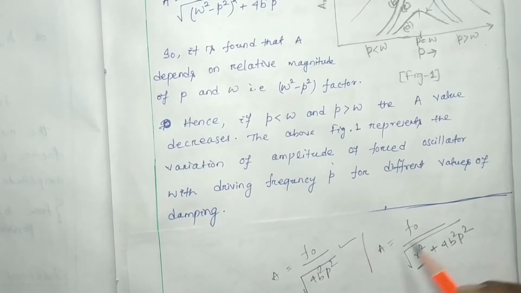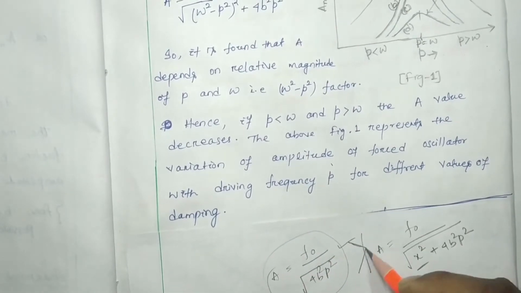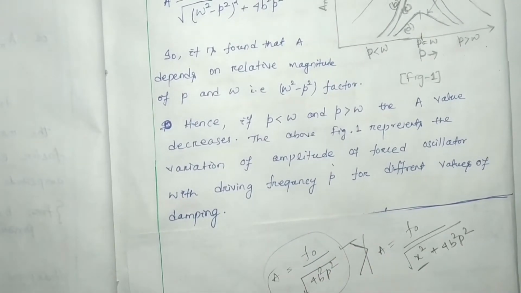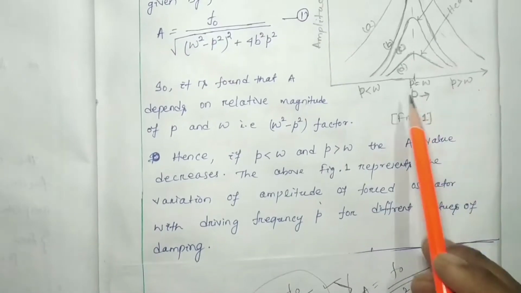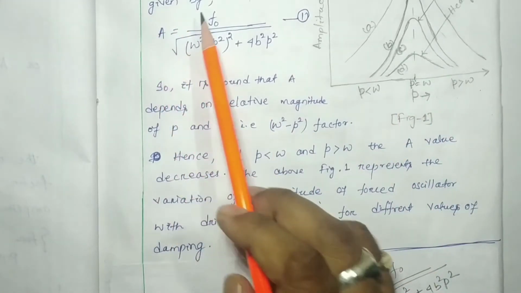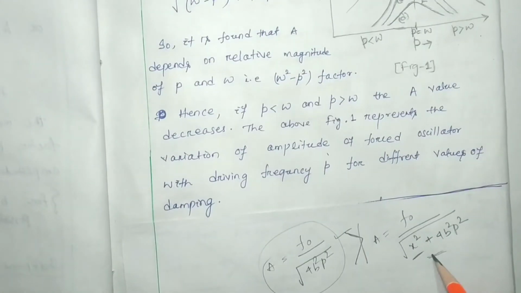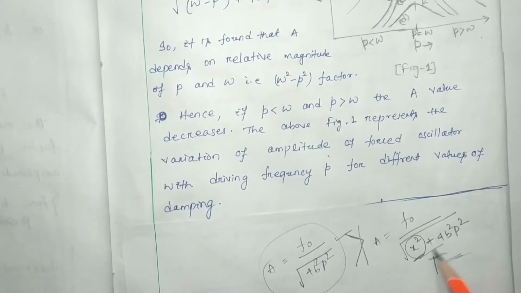So obviously this amplitude is greater than that of this. That means it is telling that whether we move to less than omega on this side, or greater than omega, the amplitude value has to decrease, because an additional term is going to be added to the denominator.